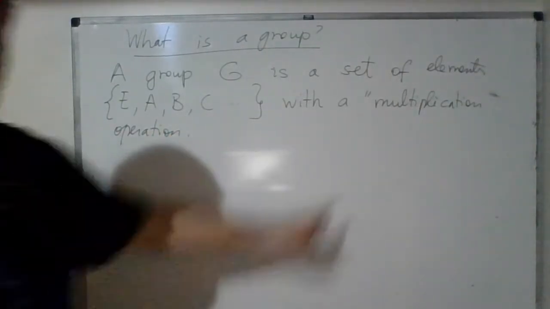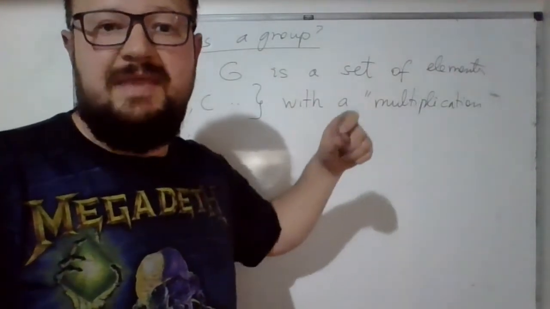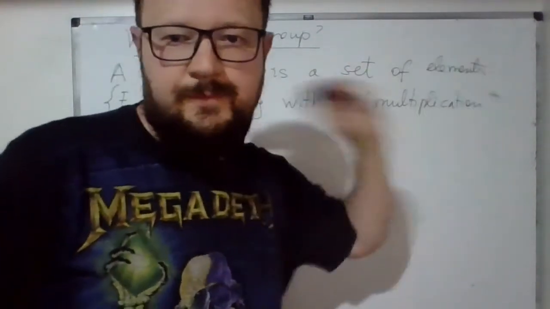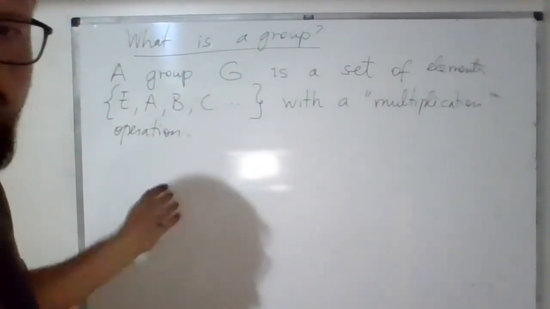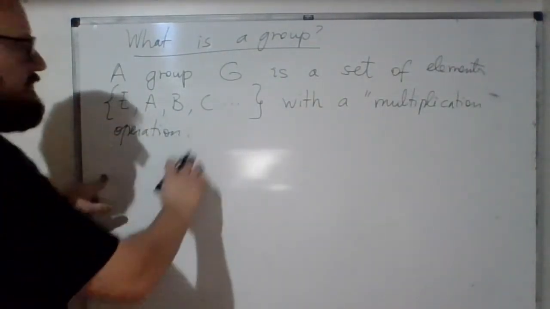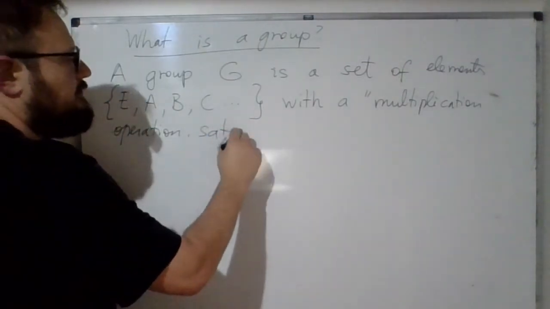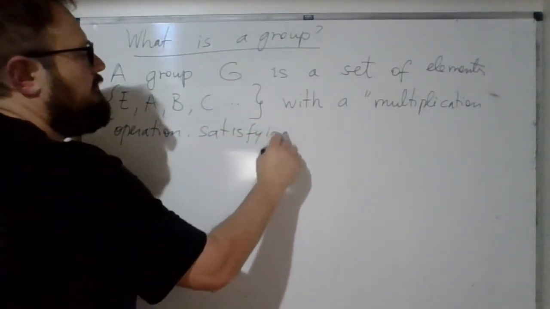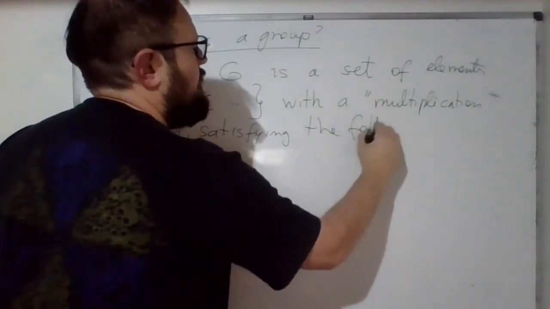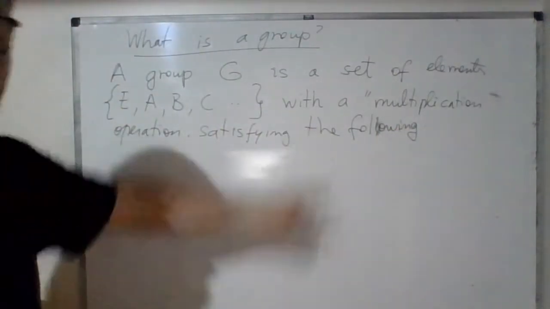Okay. Multiplication can be anything, it can be a sum, it can be a matrix product, right? So it's general terminology. It's a set with a multiplication operation satisfying the following properties, all right?